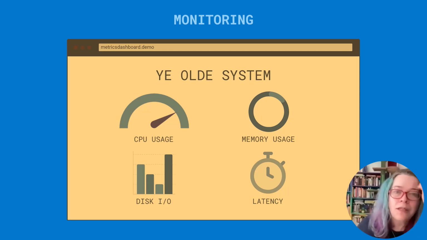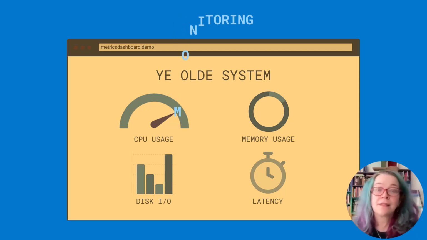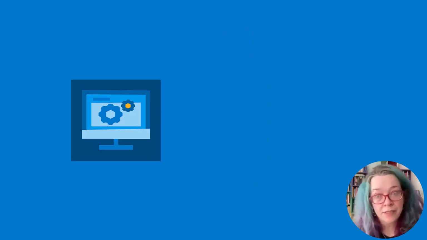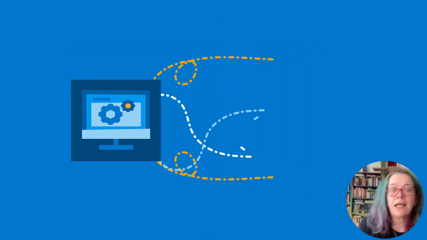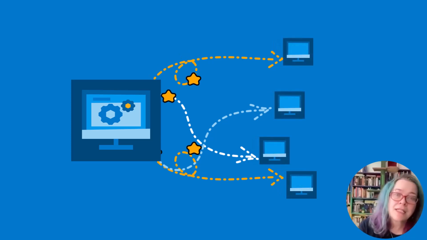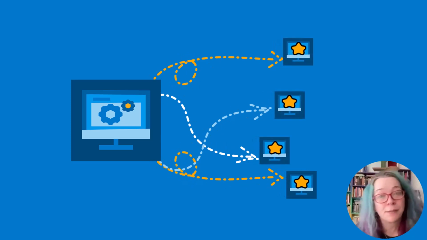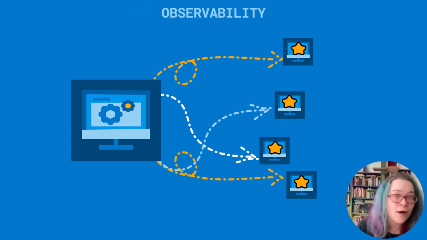Today, though, we are working with modern distributed systems and event-driven architectures, which are infinitely more complex. And with complexity comes unpredictability. And this demands a different approach, one that is much more exploratory and open-ended.